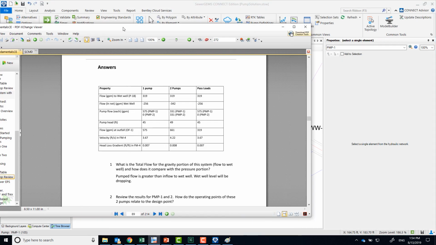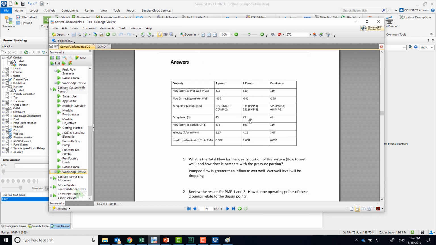And I can just show you this table so we get to compare both of them. So one pump was pumping 575 gallons per minute, and 2 of them 661. So we have a marginal increase of like 90 gallons per minute running 2 pumps.